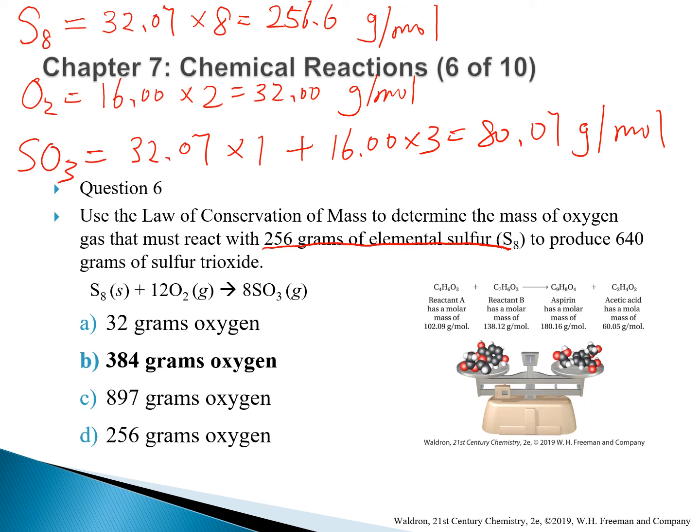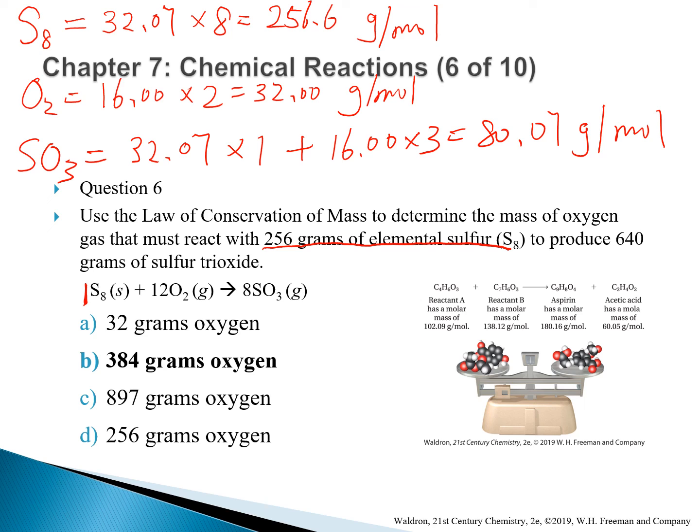Okay? This is about a mole of sulfur. From the balanced equation, we know every 1 mole of sulfur, S8, will react with 12 moles of oxygen. So the ratio is 1 to 12.